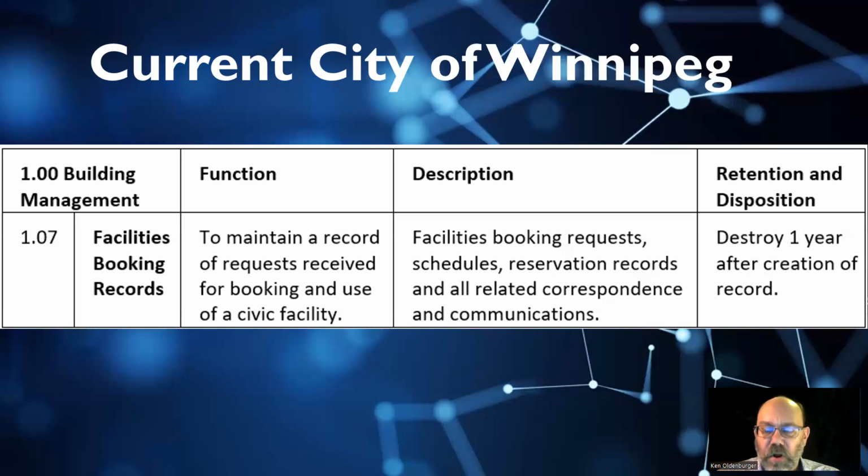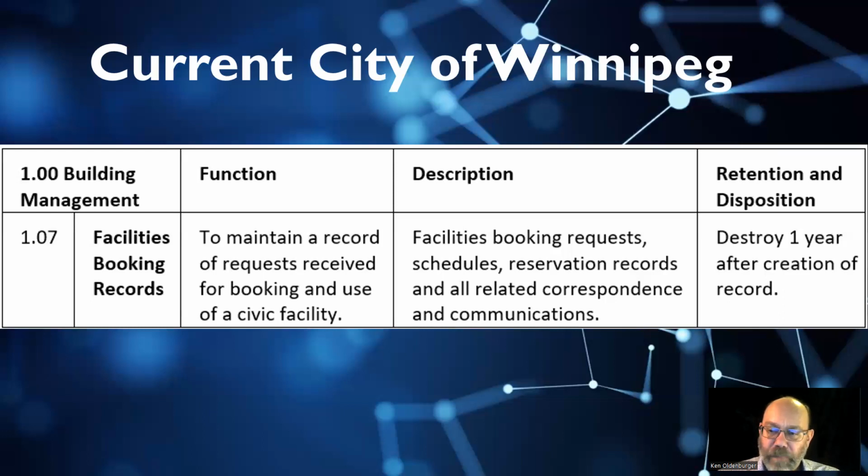And the reason why it's odd is because it basically says there's no such thing as an active record in 1.07. There's no active records. Records are closed the instant they're created because the time of their retention starts ticking immediately.